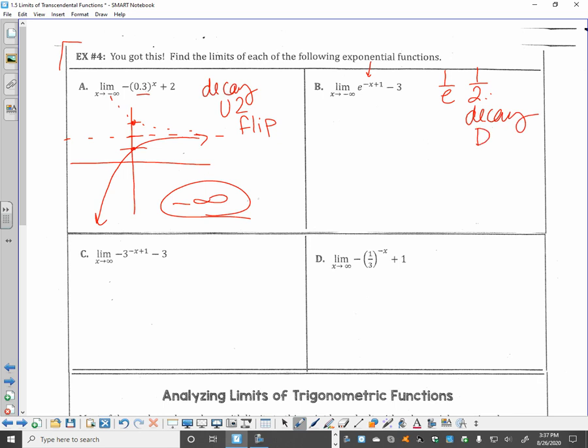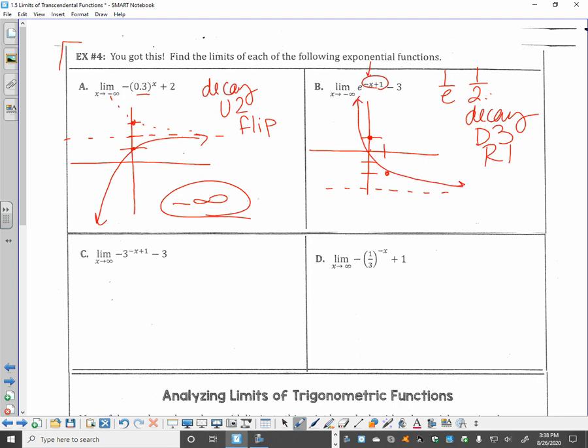I'm going to go down 3. And if you set that equal to 0 and solve it, you're going to see that you're going to go right 1. So here, I'm going down 3, 1, 2, 3. Right 1. The asymptote is 1 below it. And decay.